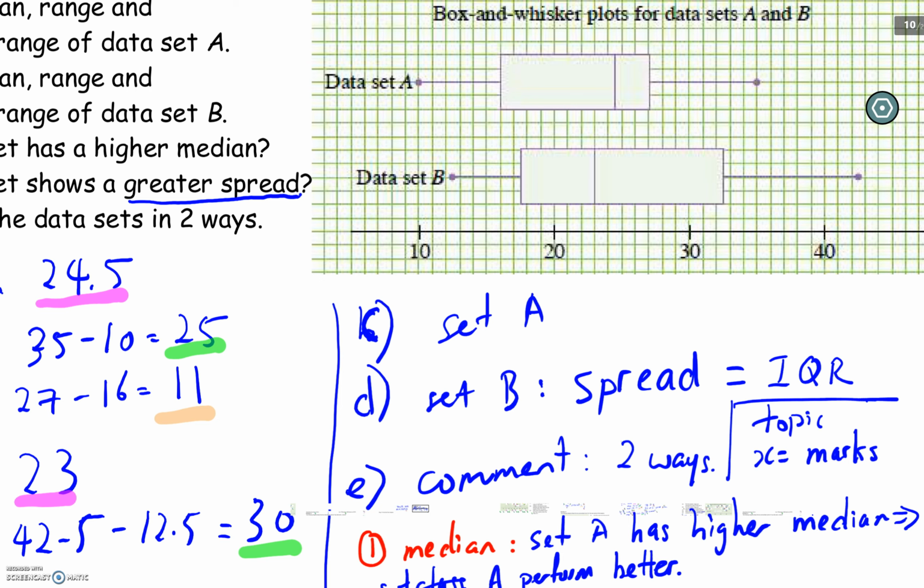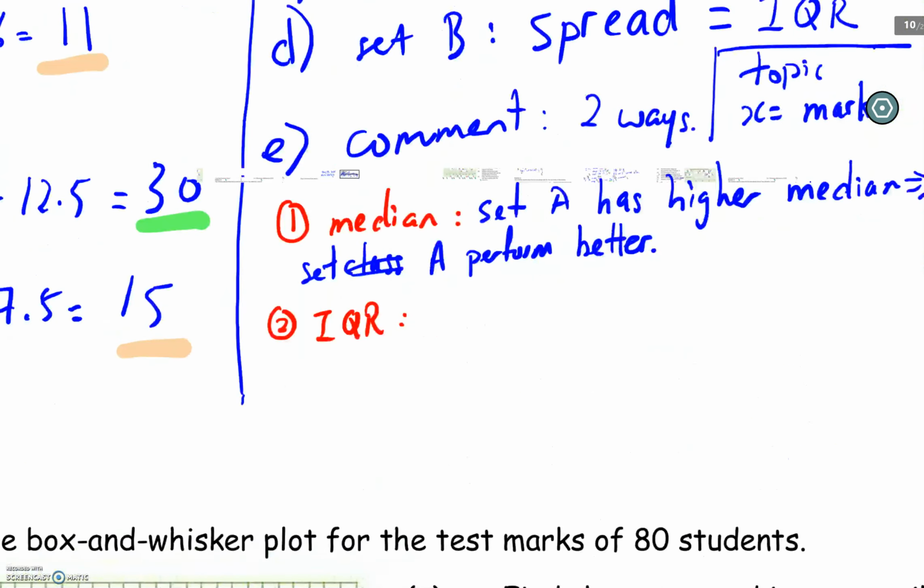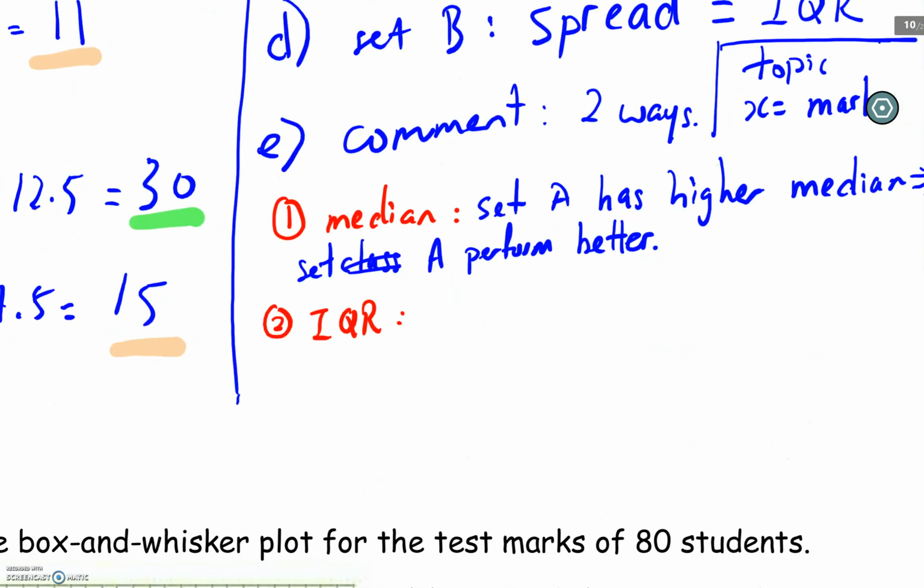You understand? So I want you to write down the IQR. I want you to write down whenever I have small IQR, small spread. Okay, spread. Usually it is better. Why better? Because everyone is about the same. So it's easier, it's more consistent. Okay.